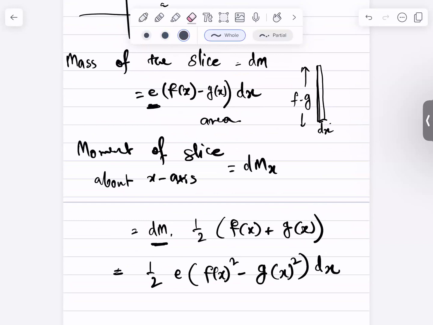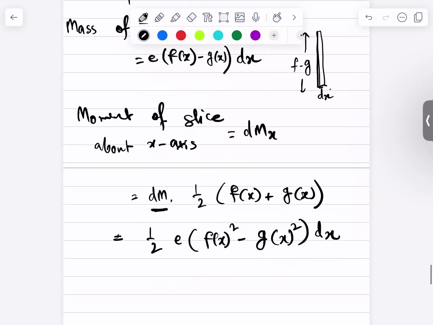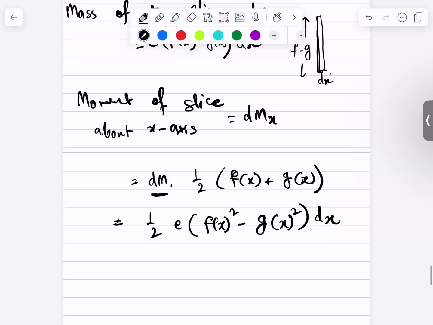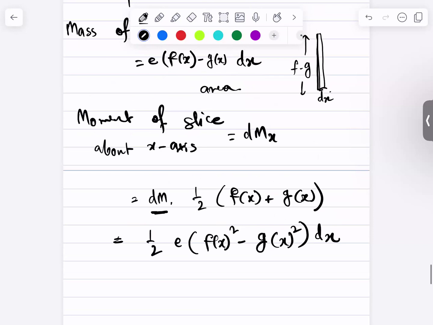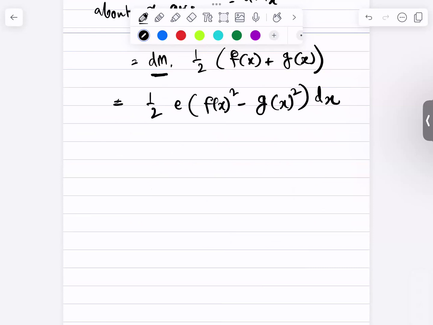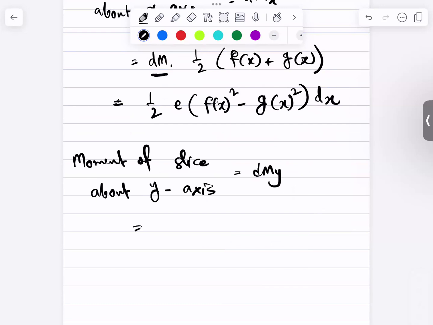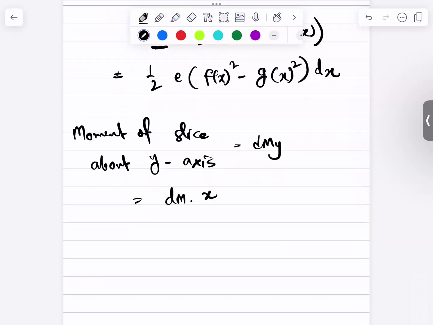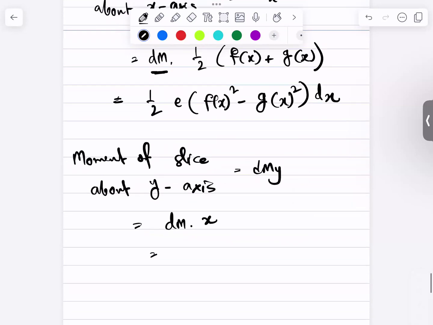So far, so good. Okay, what about moments of the slice about the y-axis? This is dMy, again notation, which is dm times x, right?